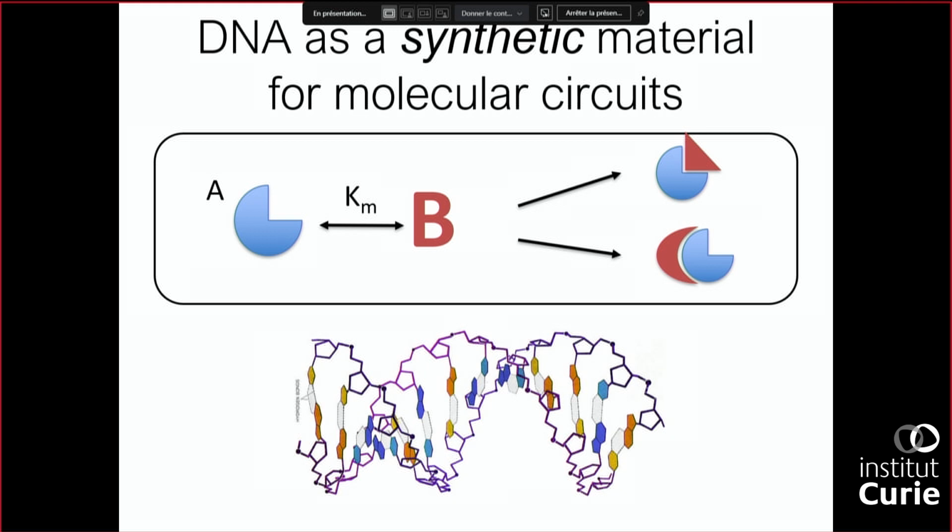But if A is a piece of DNA, then this problem becomes trivial because you can find B as being the complementary partner of A. And by adjusting the sequence of B, you can even decide how strong they will interact with each other.